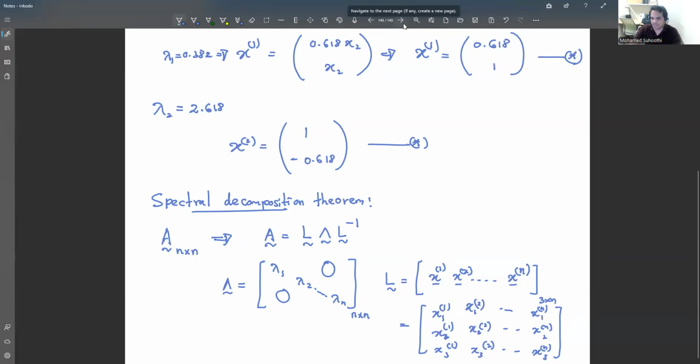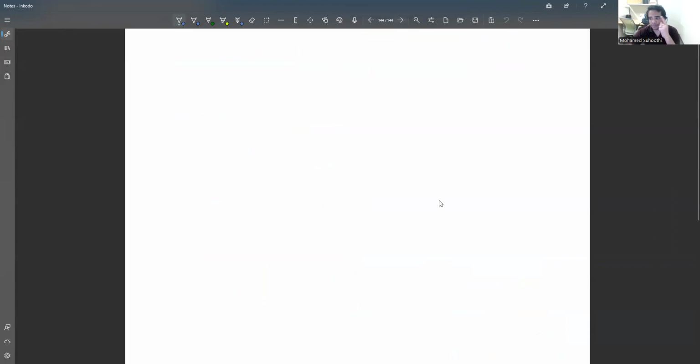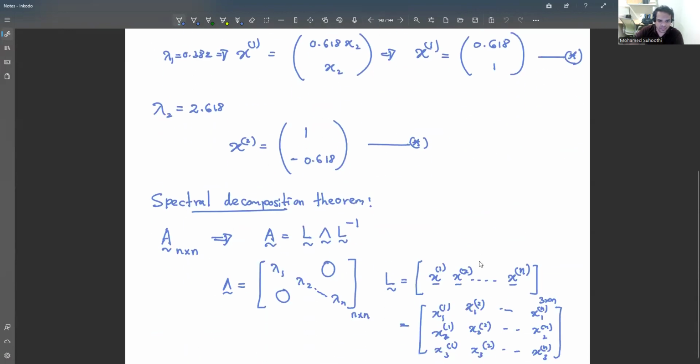How is this useful? Again, one more thing: if A is a symmetric matrix, then this will not be 3 by n, because we are considering n dimensions, not 3 dimensions. It is an n by n matrix, continuing until n.